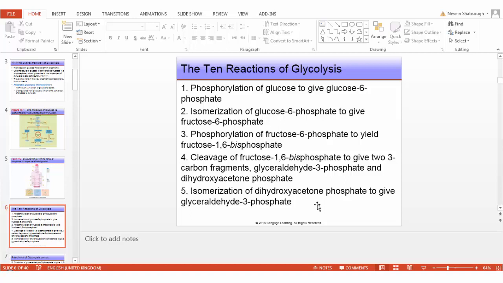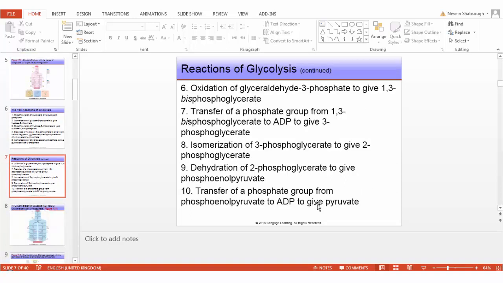to continue with. Then, step 6, oxidation of glyceraldehyde 3-phosphate to give 1,3-bisphosphoglycerate. This is the only oxidation reaction in glycolysis, where NAD+, as I said, is reduced to NADH, and NAD+ acts as the oxidizing agent.